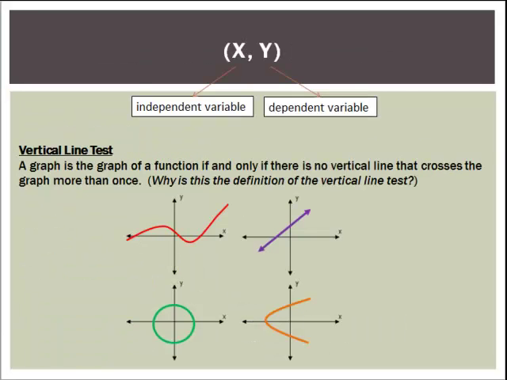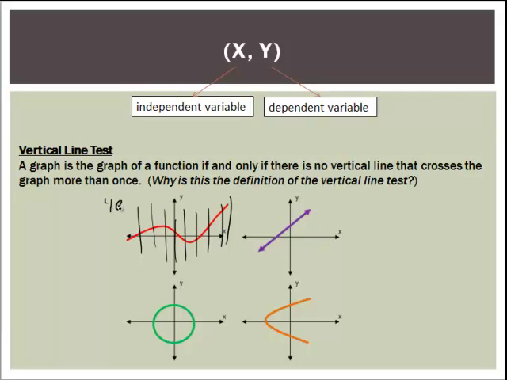So there's another way to determine if you have a function. It's called the vertical line test. If you can draw a vertical line anywhere on the graph and it does not intersect the graph in more than one place, then it is a function. So like this red example here. We could draw all kinds of vertical lines and it would never touch this in more than one place.